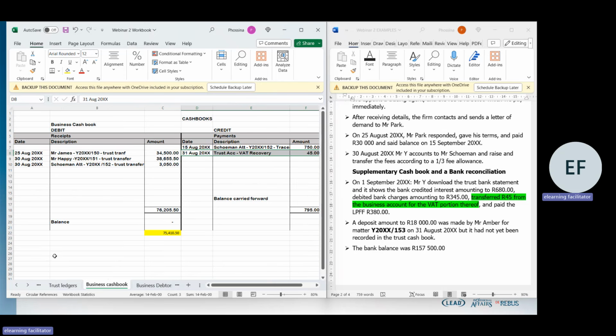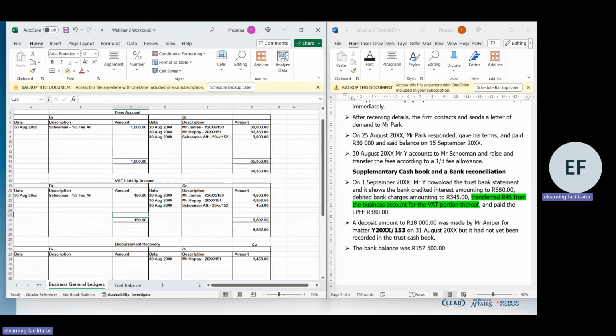We are going to claim it. So where do we claim it? In our general ledger. Remember, we've been collecting VAT for SARS in various matters. Then in this case, what do we do? This is trust VAT recovery. So we are recovering it from there, the 45 rand.